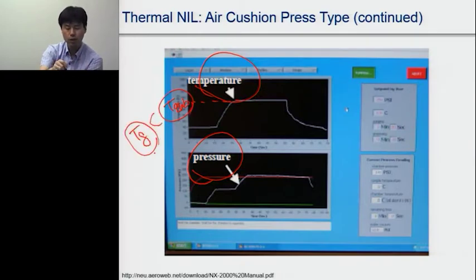At some point, we apply the pressure, wait for some period of time, release the pressure, and then wait for the cooling down. The rest of the process is very similar to what we do using the piston type thermal nanoimprinting lithography.